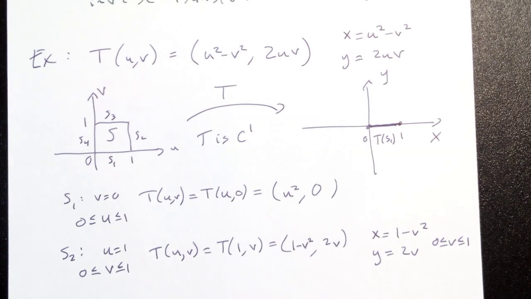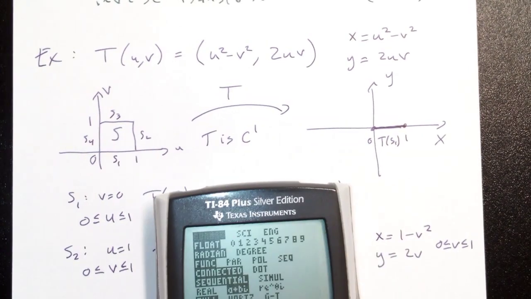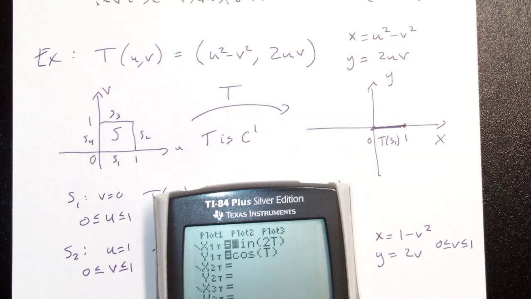But I have a graphing device that'll graph parametric equations, right? The graphing calculator. Mode, Parametric. Y equals, I got other stuff still stuck in there. Let me get rid of that.